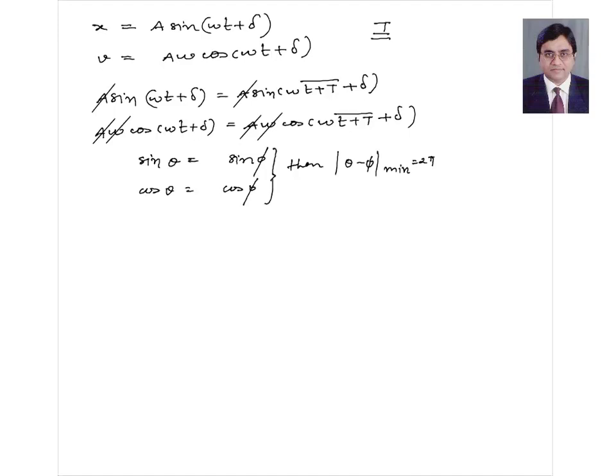That's what you should be getting. That's right. So we would have then this minus this equal to 2 pi, and that means omega t is 2 pi, or t equal to 2 pi by omega.